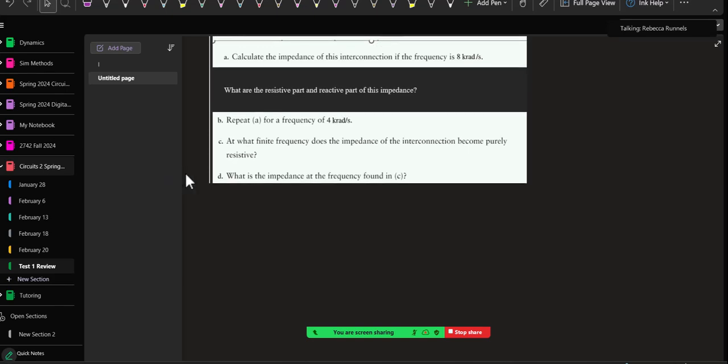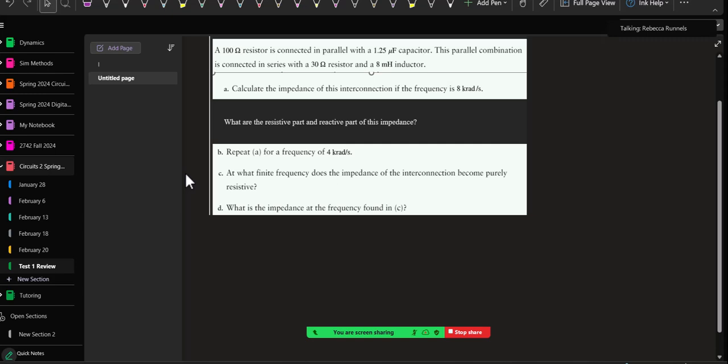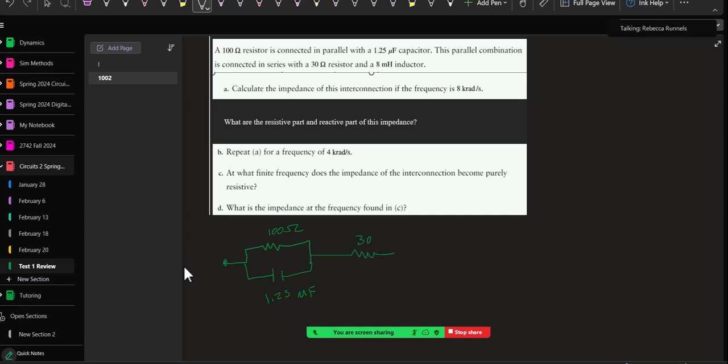We're given a 100 ohm resistor in parallel with a 1.25 microfarad capacitor, and then this is connected in series with a 30 ohm resistor and an 8 millihenry inductor, and we need to calculate the impedance if the frequency is 8 kiloradians per second.